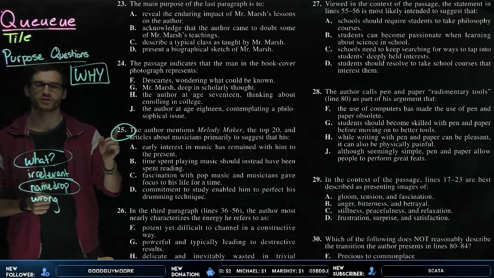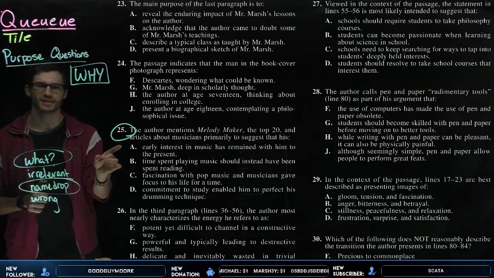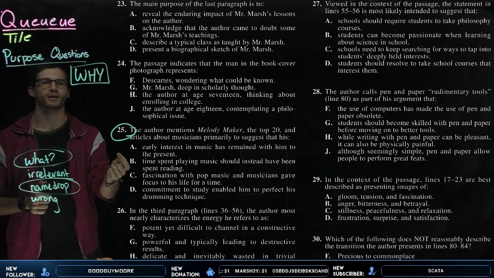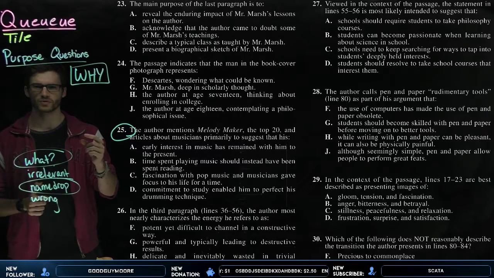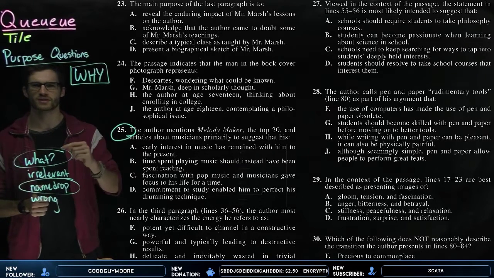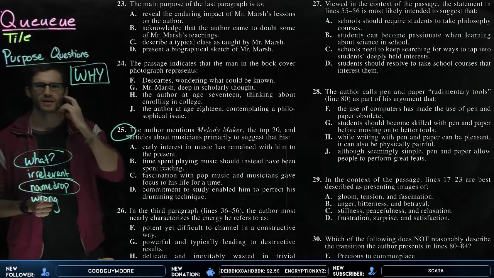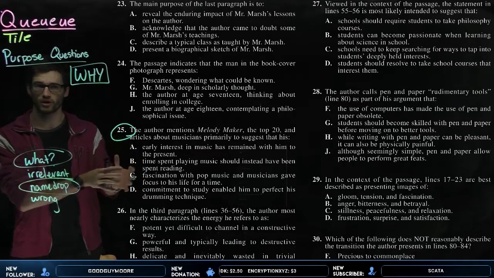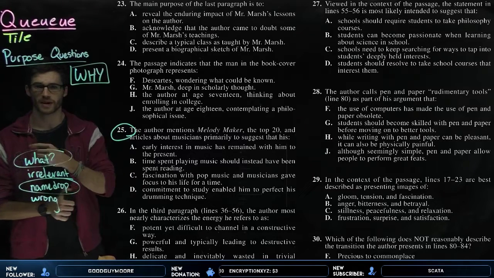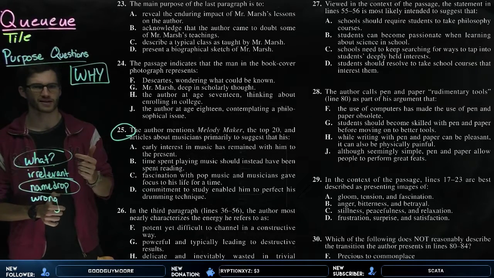Why is the author saying these things? The author is just talking about his early childhood, right? So saying he says those things to demonstrate that his interest in music has remained with him to the present? No. It's just saying that it was in the past.